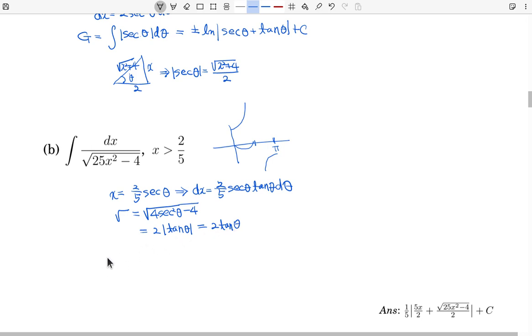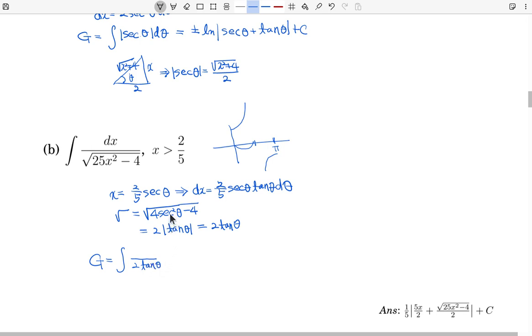Now along with that, the given integral is an integral whose bottom is 2 tangent theta.